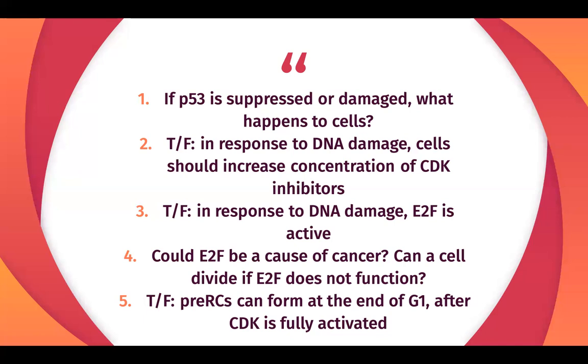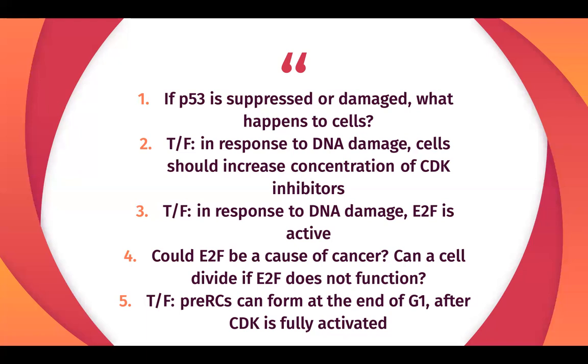And then last one, true or false, pre-RCs can form at the end of G1 after CDK is fully activated. False. You want to explain why it's false? Me? Yeah, sorry. Doesn't the pre-IC... So actually the opposite, pre-RCs have to happen first and then the pre-ICs happen.